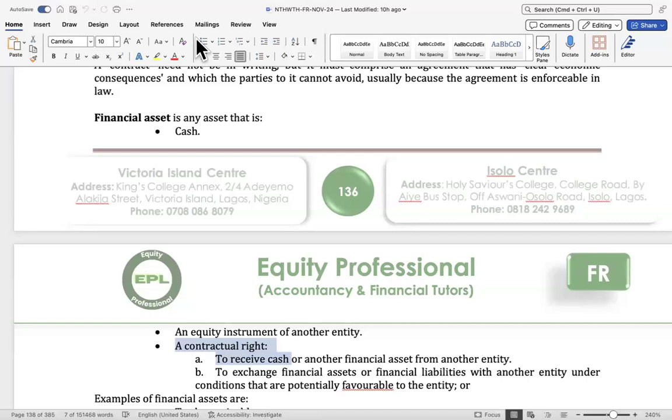The guy will just sit down in his house and they will come and deliver money to him every day. It's a right to receive cash, especially if there's an agreement that you have to deliver on a daily basis. He has a right to receive cash.